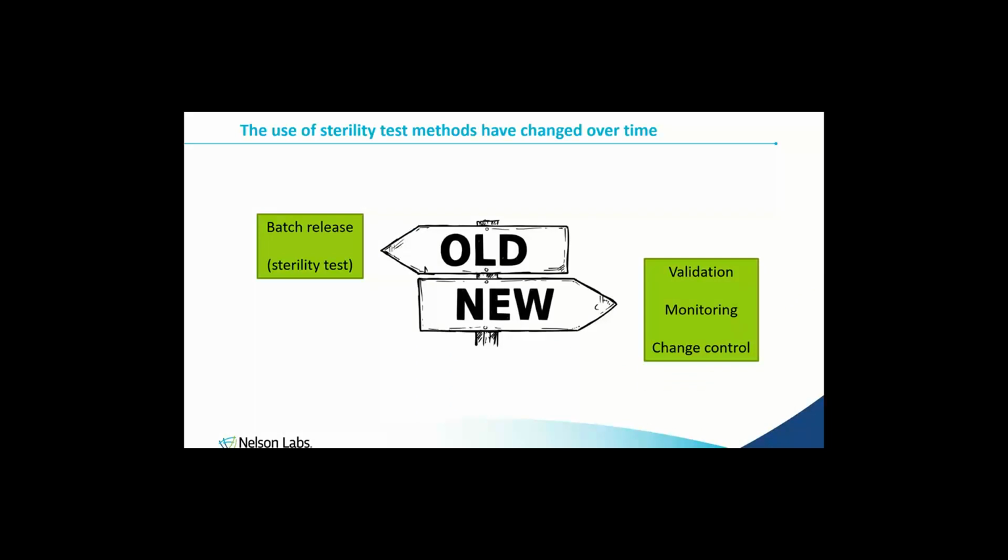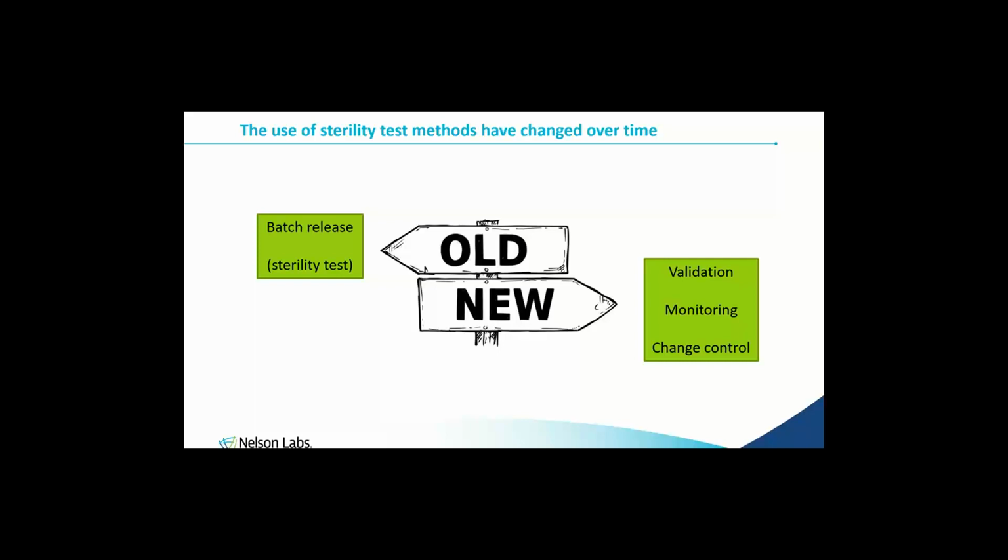Okay. So when we talk about sterility testing, there's kind of the old mentality and the way that sterility testing started. And that's really using sterility testing for your batch release testing. So we have a product, we make it, we sterilize it, so we're going to do sterility testing on it in order to do that batch release testing and to show that it's sterile.